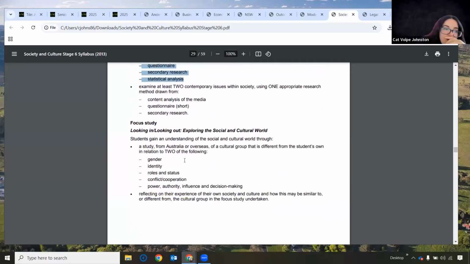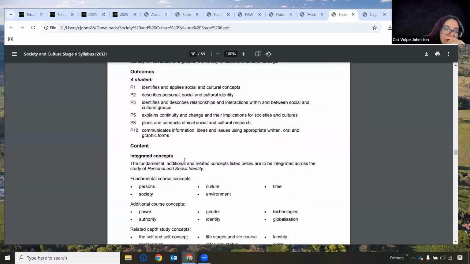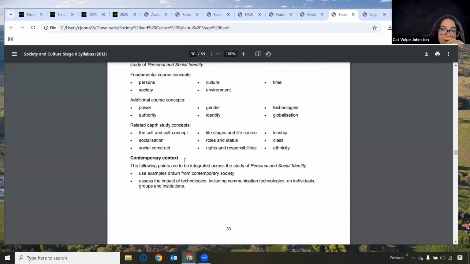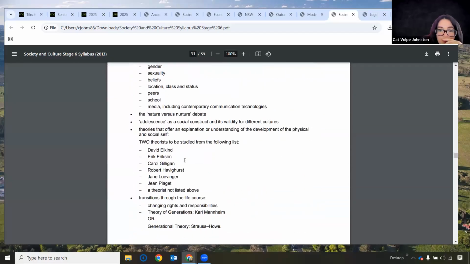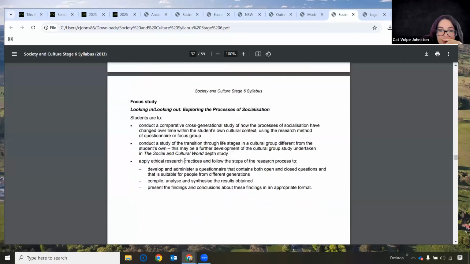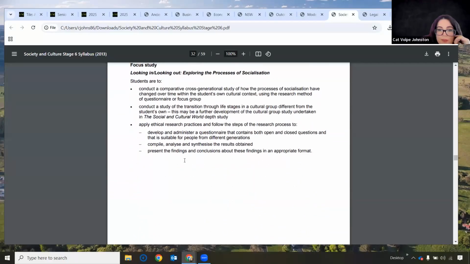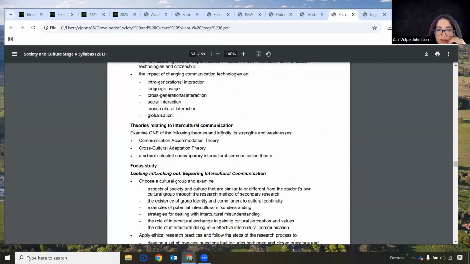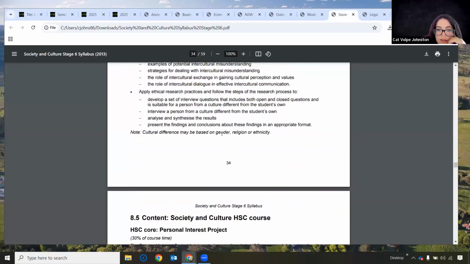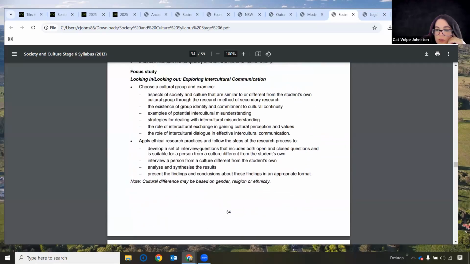Then you'll notice in unit 2, students are looking at questionnaires. Unit 3, it is interviews. Do not do your inquiry sequence on any research methods for society and culture.